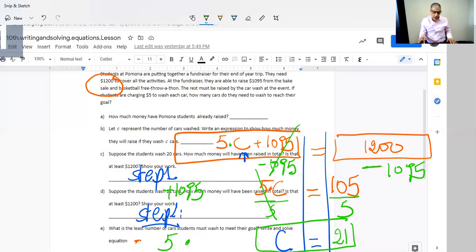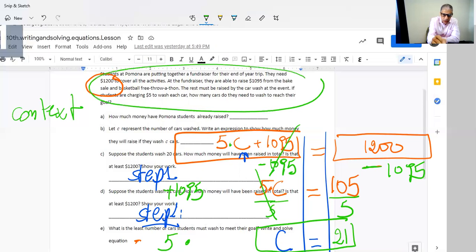So what does C represent in context? I want you guys to get familiar with this word, context. What does the answer mean in the context? Context means the story. In this story, what does C equals 21 mean? What does our answer mean? Okay, it means we need to wash 21 cars.